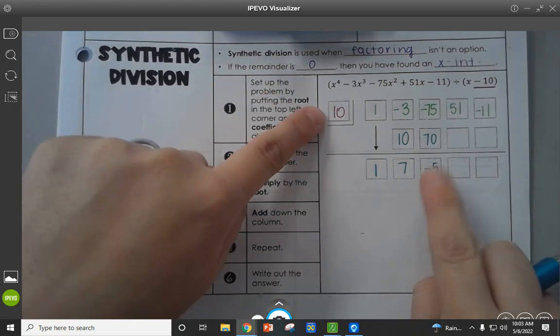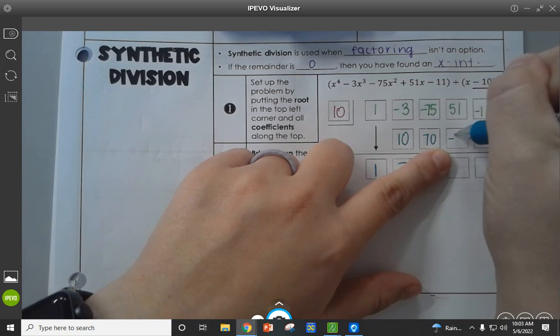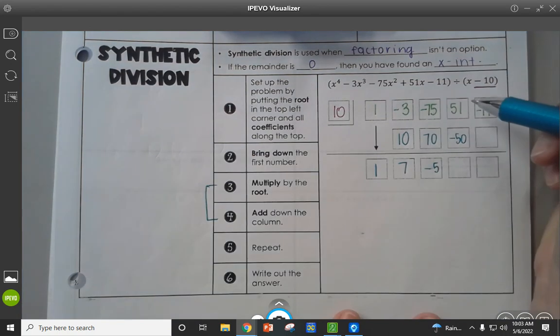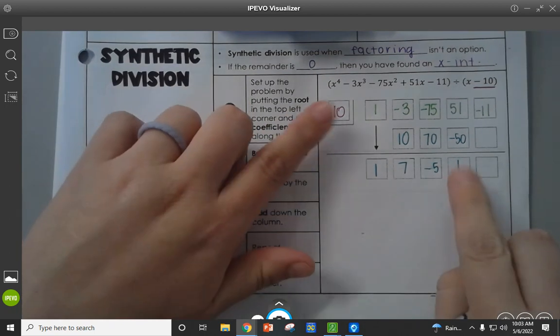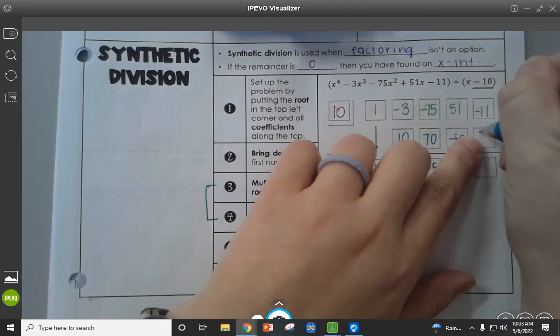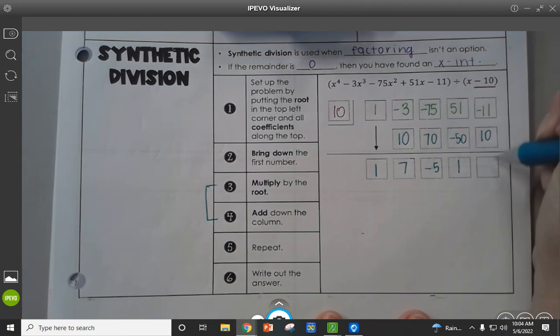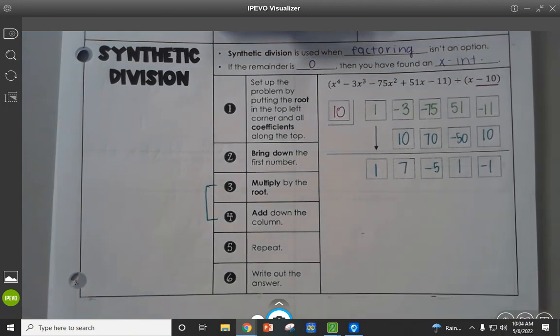Then I multiply, and I get -50. And then I add to get 1. And then I multiply to get 10. And then I add straight down to get -1.